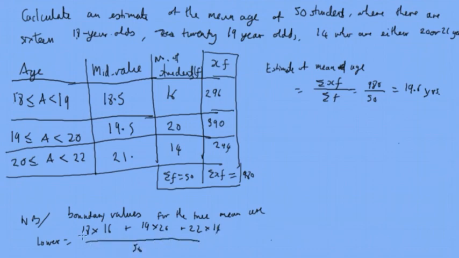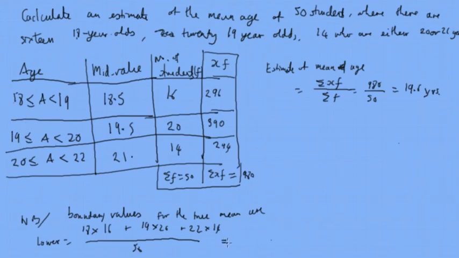So that's assuming that when we're finding the lower boundary, in each of the ranges all the students are at the lowest level within that range.